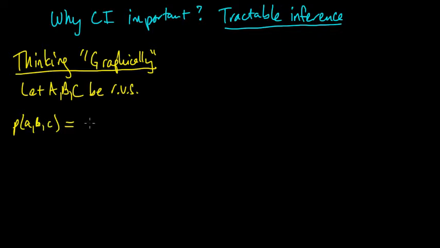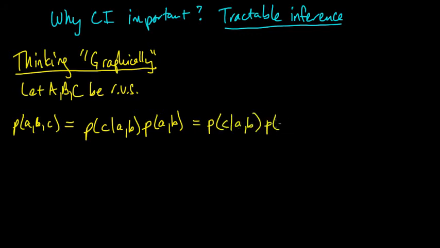This joint distribution can be factored as the probability of C given A and B times the probability of A and B. And we can factor this again as the probability of C given A and B times the probability of B given A times the probability of A. So we can always do that.